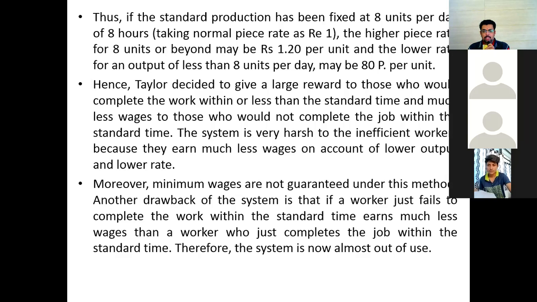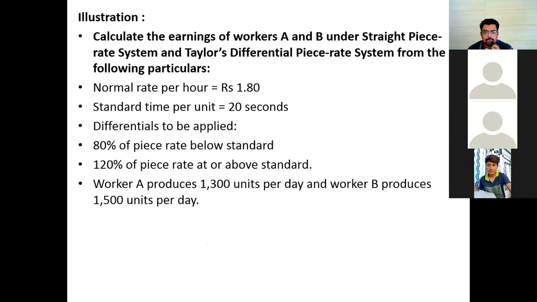Moreover, minimum wages are not guaranteed under this method. Another drawback of the system is that if a worker just fails to complete the work within the standard time, he earns much less wages than a worker who just completes the job within the standard time. Therefore, the system is now almost out of use. This is one of the major drawbacks of the Taylor differential piece rate method.